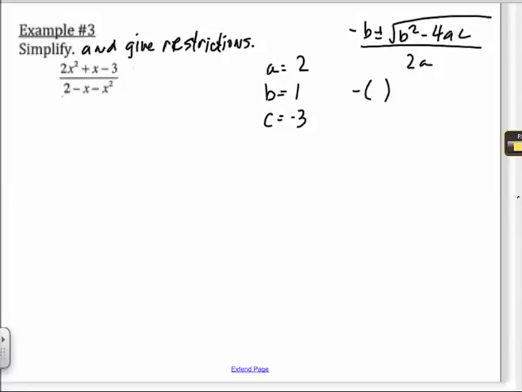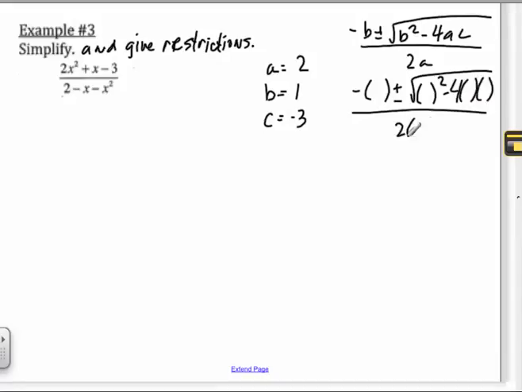Minus parentheses plus or minus the square root of parentheses squared minus 4 parentheses all over 2 parentheses. Let me plug in what I know: 1, 1, 2, 2, and negative 3.